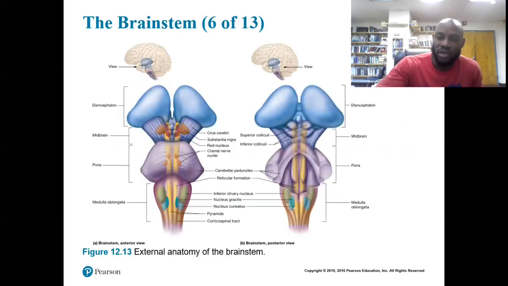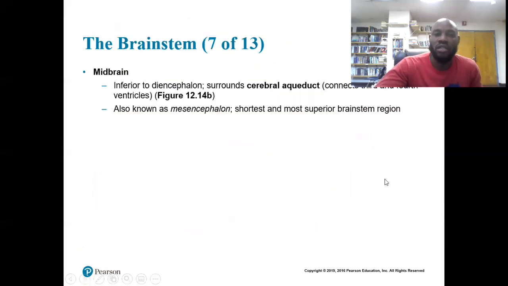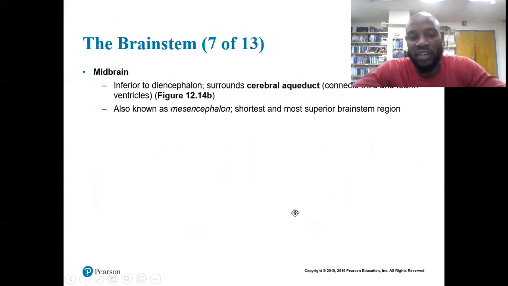Looking at the brainstem, you see the diencephalon. We talked about that part of the brain. That's technically separate from the brainstem. Then we get to the brainstem, we get here, the midbrain, the pons, medulla oblongata, and what the different sections have to deal with. All right, so your midbrain, directly inferior to your diencephalon, surrounds your cerebral aqueduct, also known as mesencephalon, shortest and most superior brainstem region.